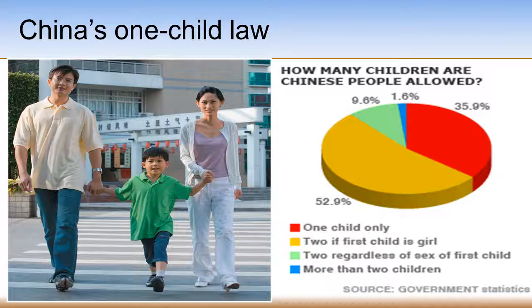So let's look at a country that implemented population control measures: China. China's population is the largest population in the world with 1.379 billion people. Currently, China's population grows by 1 child every 4 seconds.